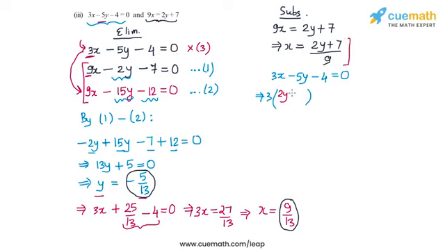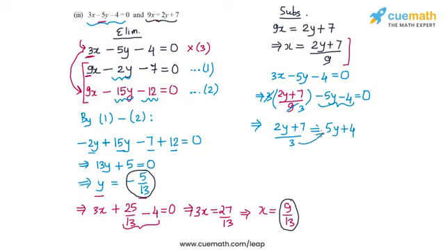So we have 3 times (2y plus 7) by 9, and then we have minus 5y minus 4. This is equal to 0. So now let's simplify this. So 3 and this 9 cancel to give 3. So (2y plus 7) by 3, this is equal to, so I can take these two terms to the right side. So this is equal to 5y plus 4, and now let's cross multiply this 3.